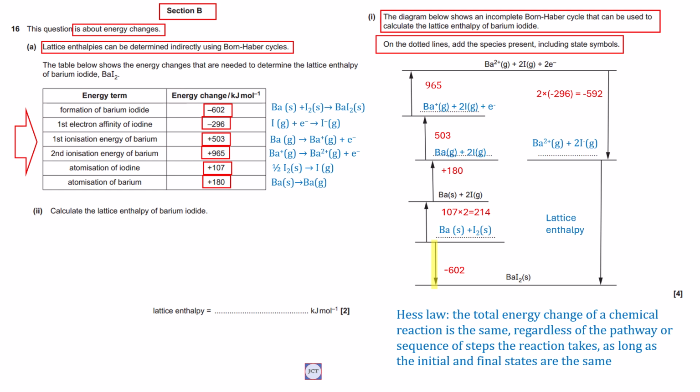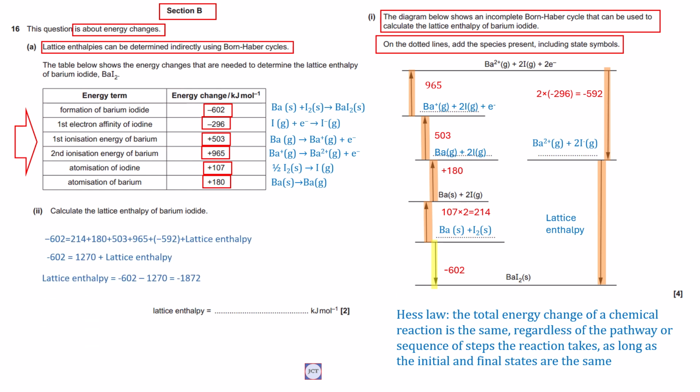This energy change will be the same whether the reaction happens directly, marked with the arrow in yellow, or through an alternative route, such as forming barium 2+ gas and iodide ions before they combine, arrows marked in orange. Replacing the values that we have, we can get a lattice enthalpy of -1872 kilojoules per mole.